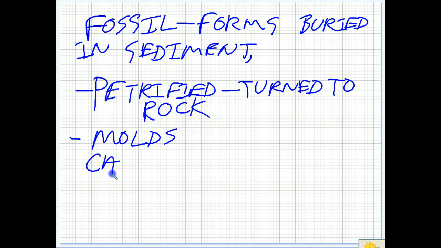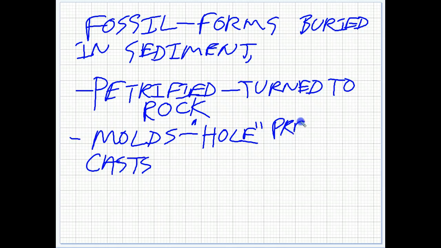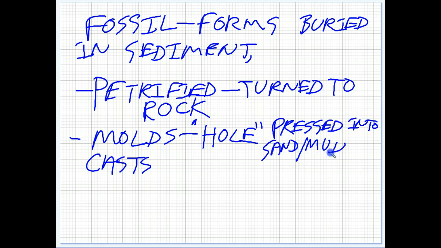and casts. A mold is basically like a hole, kind of rhymes too, so hopefully it'll help you remember it, where maybe you pressed your hand into sand. Then you remove your hand, and what's left is, of course, our mold.